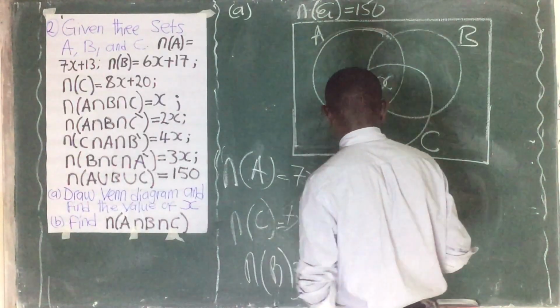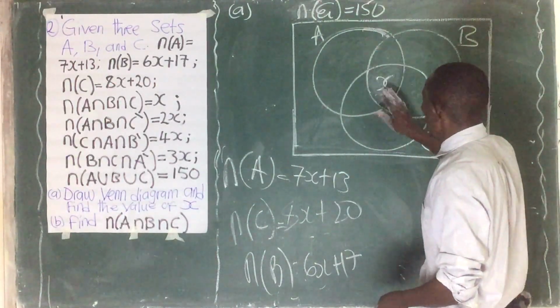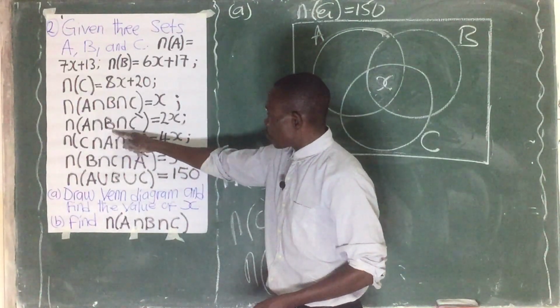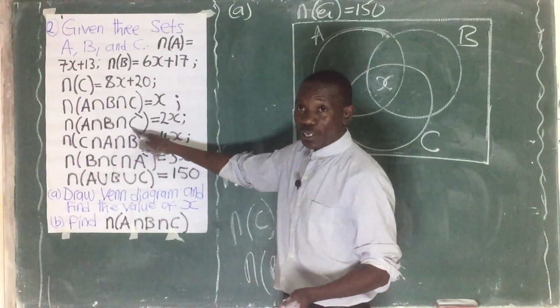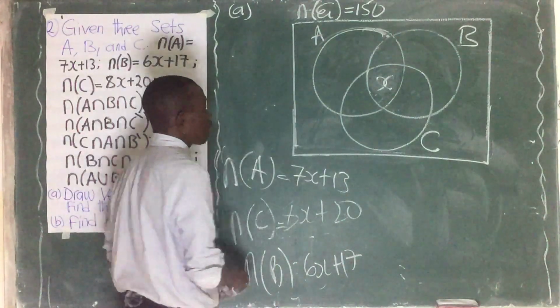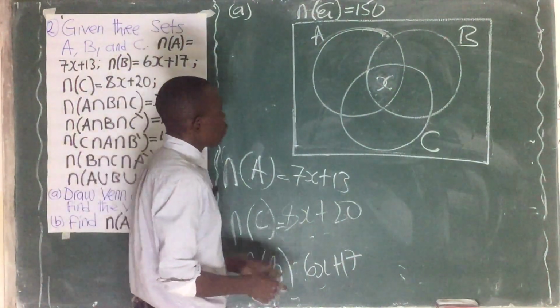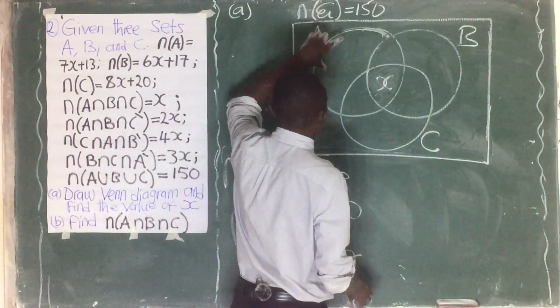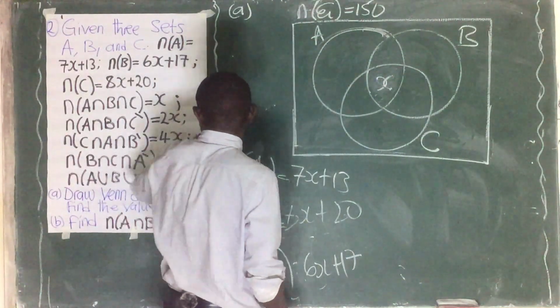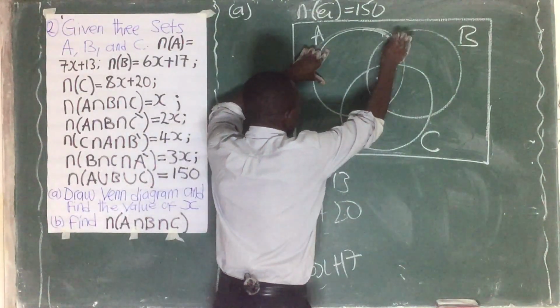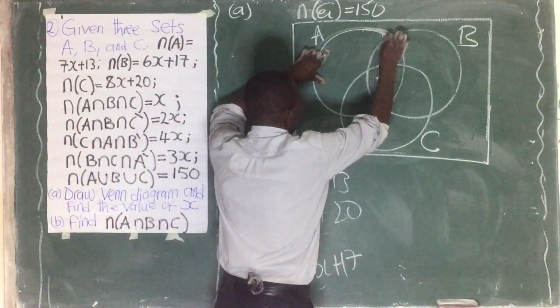I look at my diagram: which space is defined by A intersection B intersection C complement? First of all, we talk of A intersection B, which is this one here.